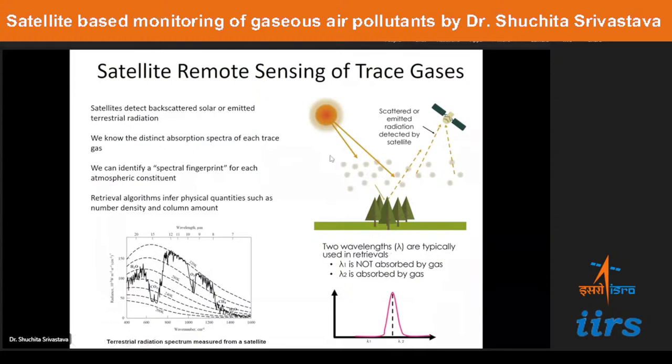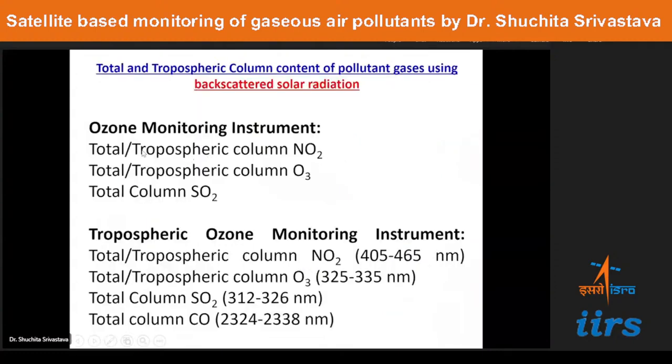So we will see what these gases are and what the instruments are. Two instruments are working at present: the ozone monitoring instrument and the tropospheric ozone monitoring instrument, commonly known as OMI and TROPOMI. These two instruments provide total and tropospheric column of NO2, ozone and sulfur dioxide.